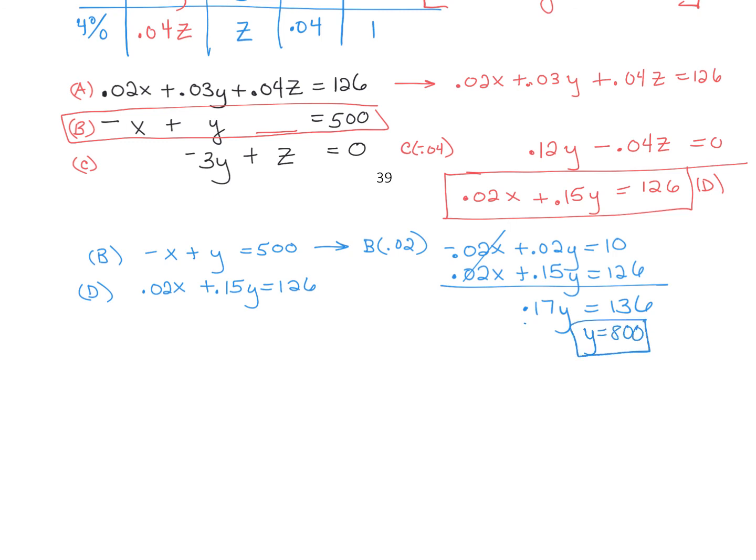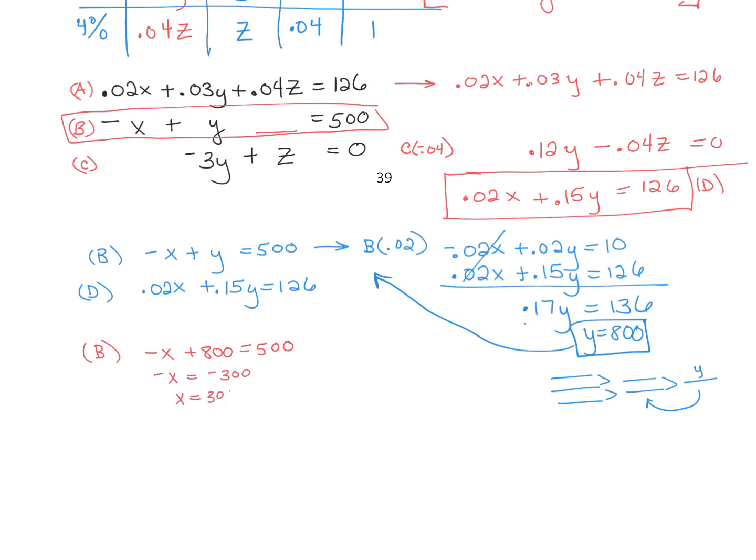So we can now plug this back in here. So remember, we're at this point right here. We found a y value. We're going to plug it back into the system of 2. So I'm going to use the top one because it's nice. I've got minus x plus 800 equals 500. Minus x equals minus 300. So x equals 300.